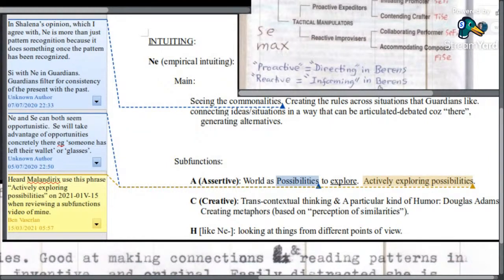Okay, NE and SE can both seem opportunistic. SE will take advantage of opportunities concretely, whereas NE will take advantage of possibilities. It's a little bit more abstract, but to the ENTP, it's obviously there, but it's not concretely there. It's just one or two steps away.